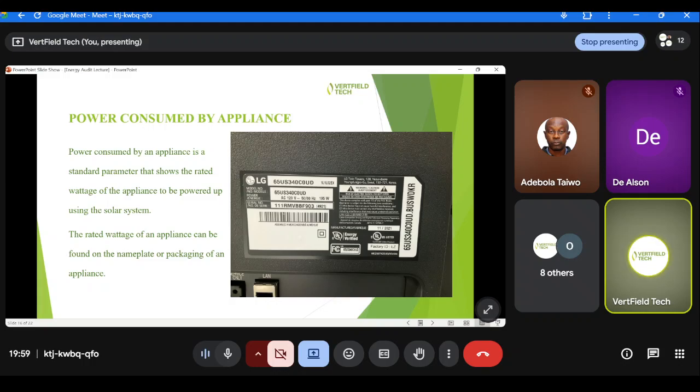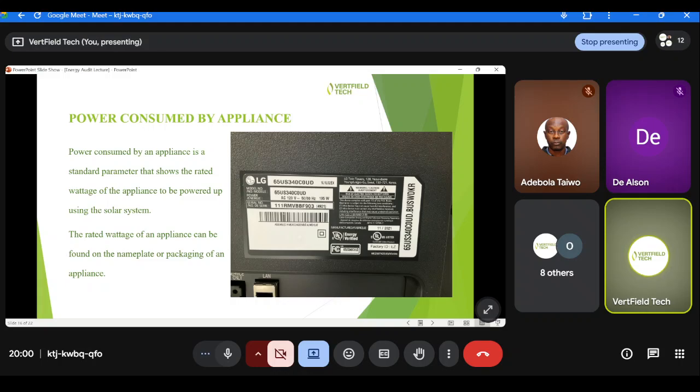Now the big question is, how do you get to know the rated wattages of each and every appliance? It is usually gotten from the nameplate of each and every appliance.